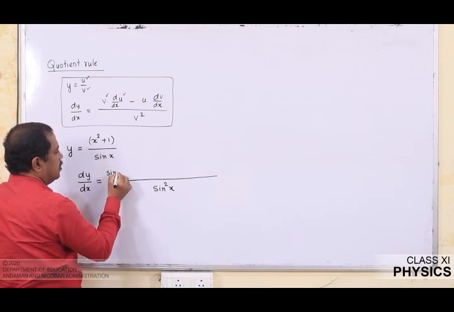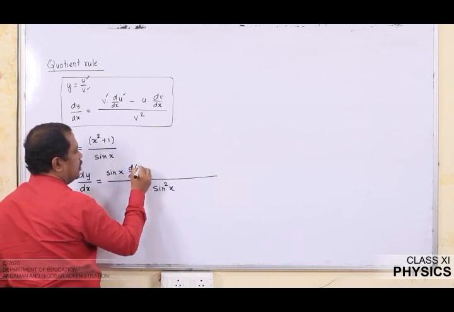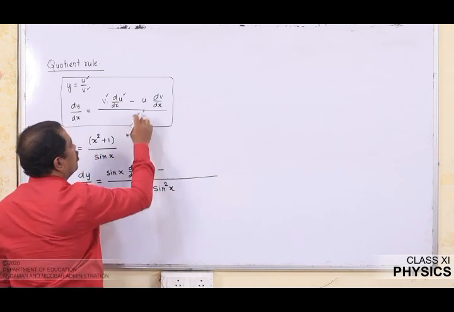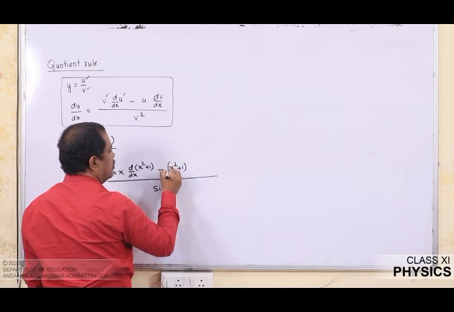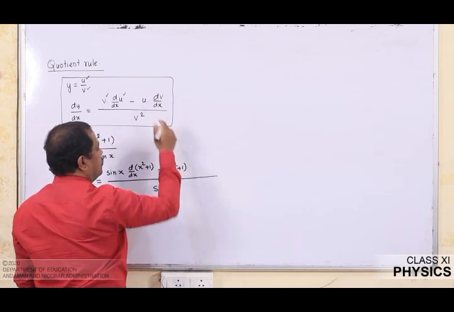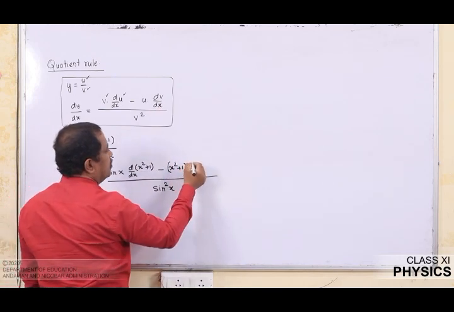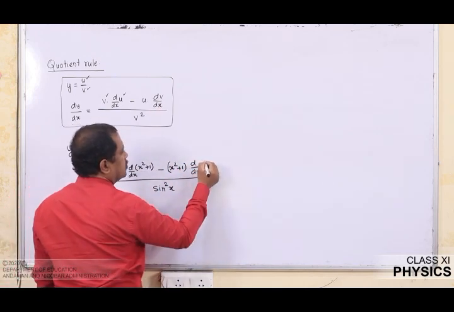So, denominator into differentiation of numerator is x square plus 1 minus numerator. So, this is x square plus 1 times differentiation of the denominator. Differentiation of denominator, this happens to be sin x.